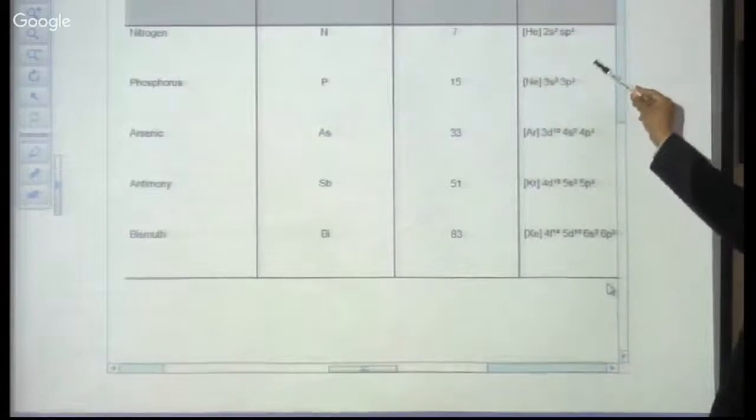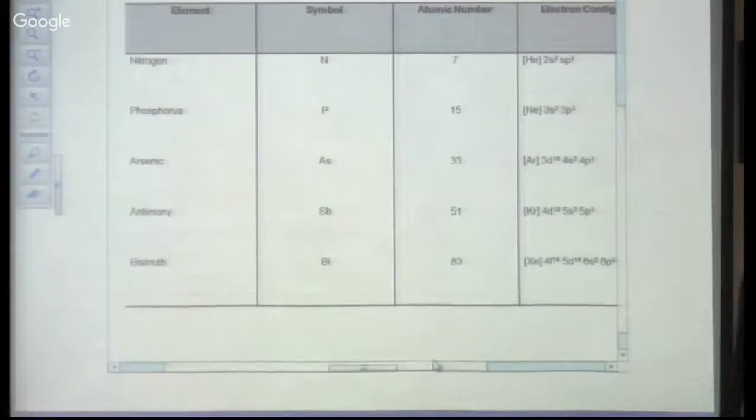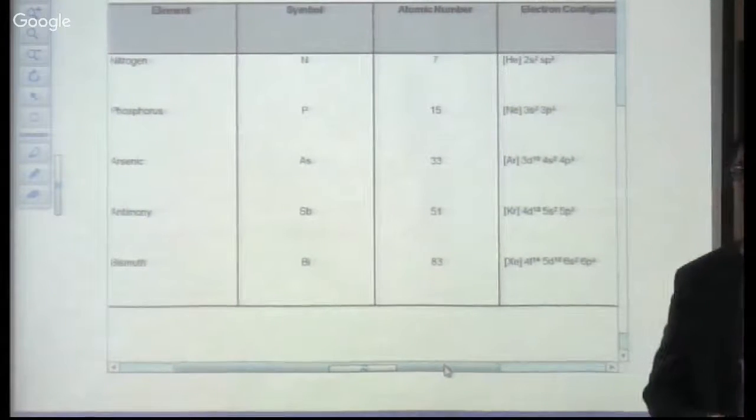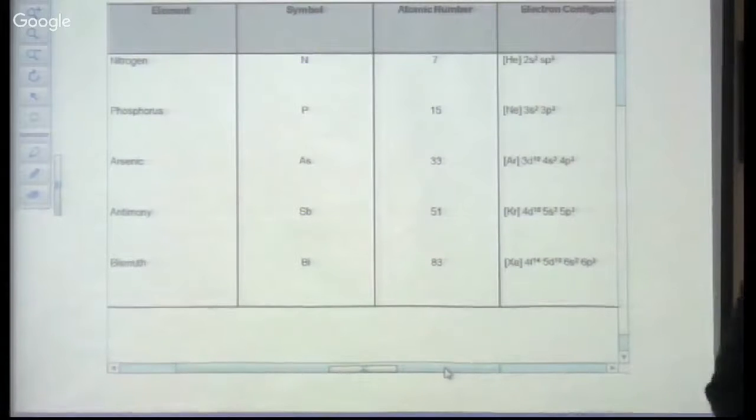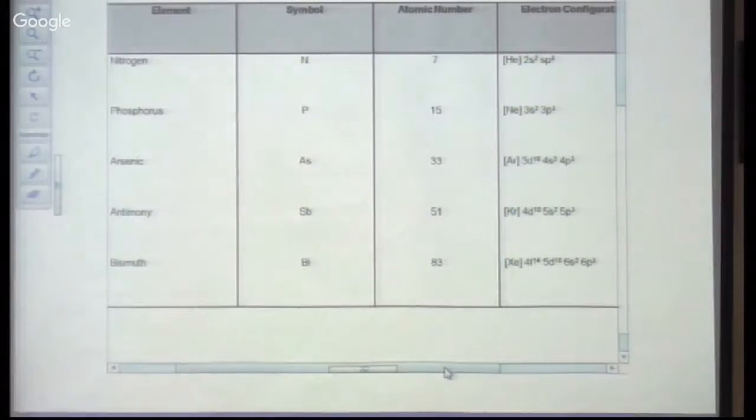So if you go down the group, 5 electron loss tendency decreases, which is known as inert pair effect. So inert pair effect is maximum in bismuth. So how do you define inert pair effect? All the elements have tendency to lose the electron. For example, a metal M, this is a nitrogen family element.